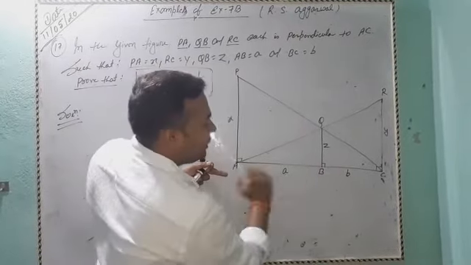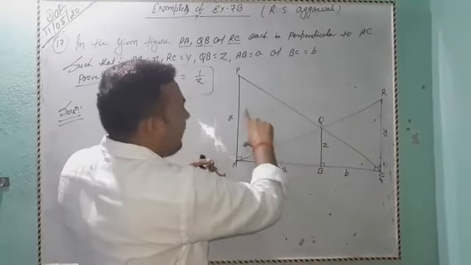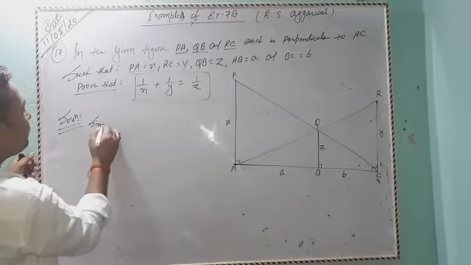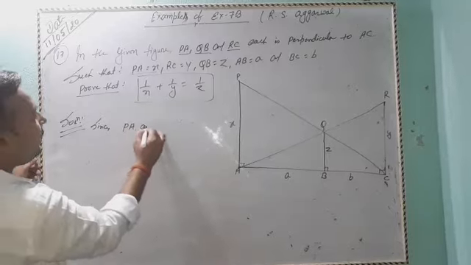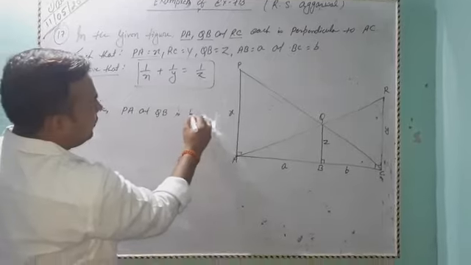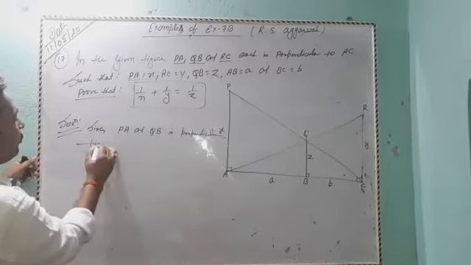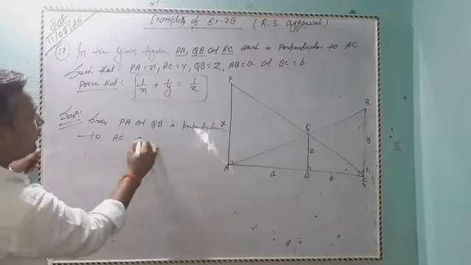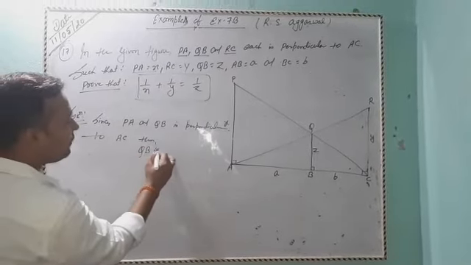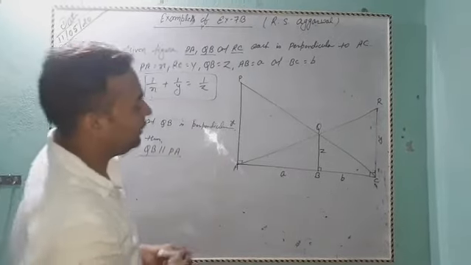Since PA and QB are perpendicular to AC, then we say that QB is parallel to PA.